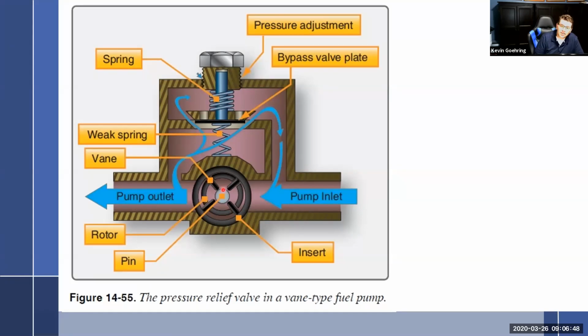So this thing's pumping away, and it's going out to the pressure carb or fuel injection unit, but that item only needs, say, 5 gallons per hour, and this thing's putting out 10 gallons per hour. So the fuel's got to go somewhere. It's just going to find its way up, and now it's going to press this plate and this whole apparatus here up against this spring, around back to the inlet side of the pump.